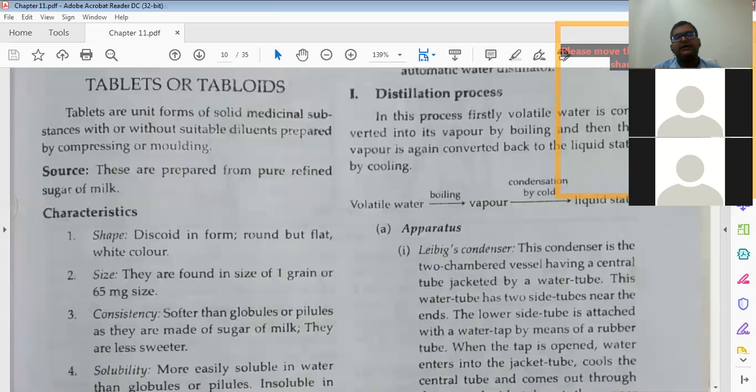Then we learned the preparation of globules, pellets, tabloids, tablets, and cones, which are also very important. In globules we learned the measurement of size, preservation, and medication. We also learned the preservation and medication of tabloids and cones.